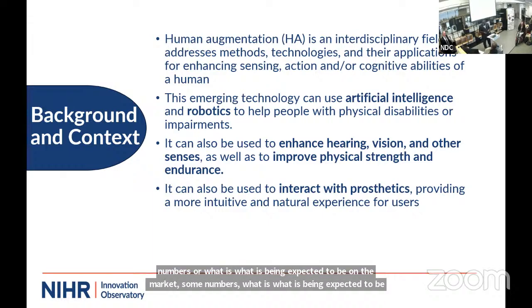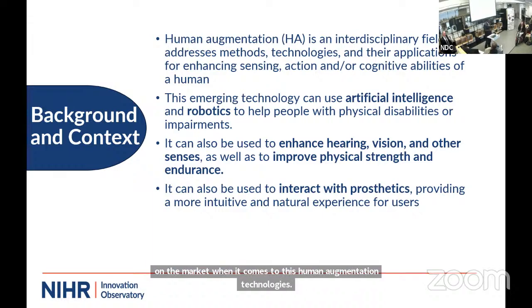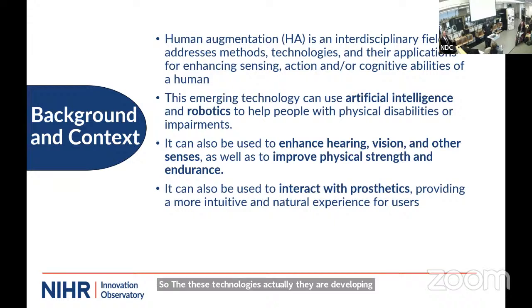These technologies are developing, evolving, and emerging, and they are now embedding new technologies such as artificial intelligence and robotics to help people with physical disabilities and impairments.